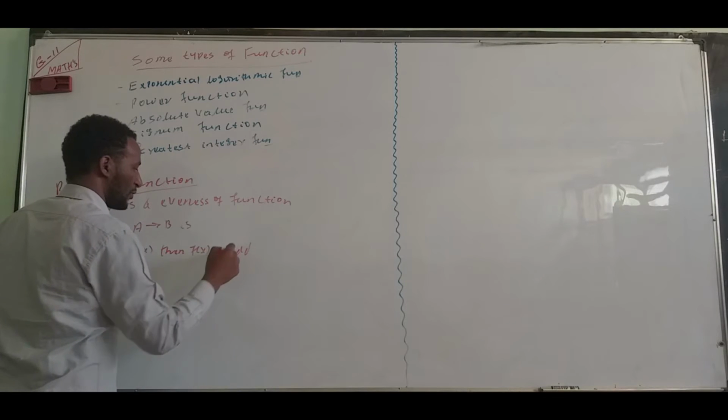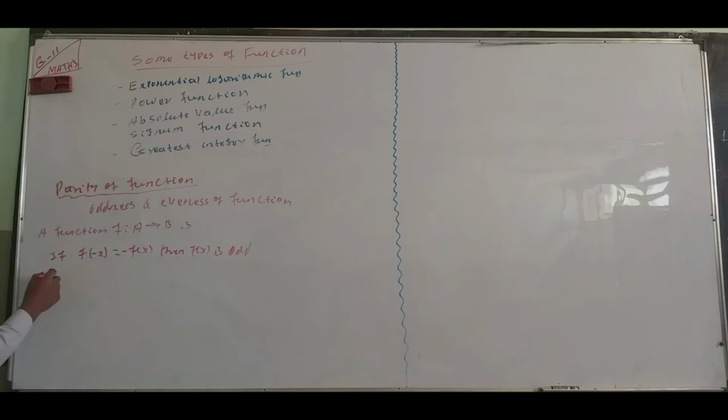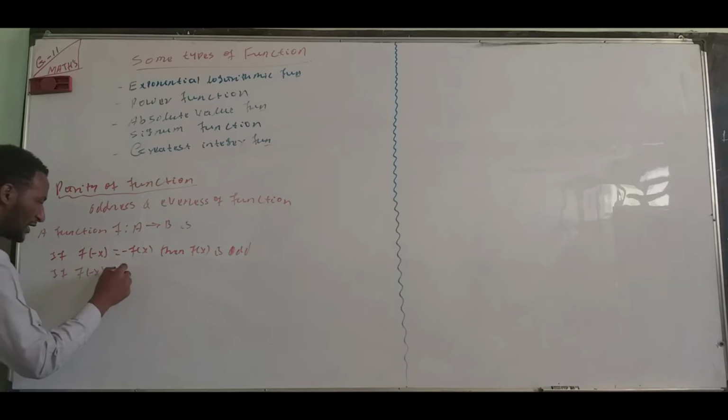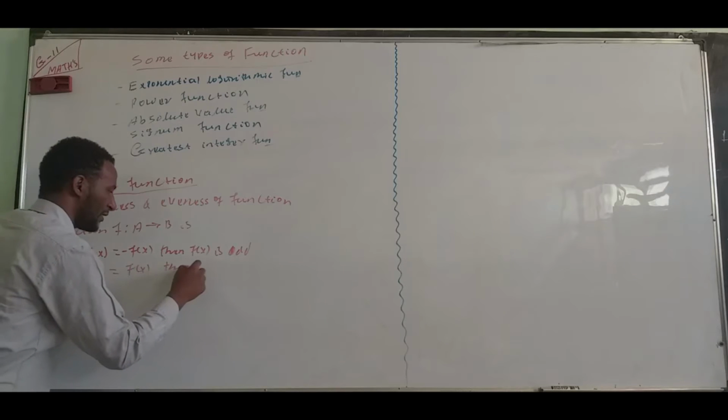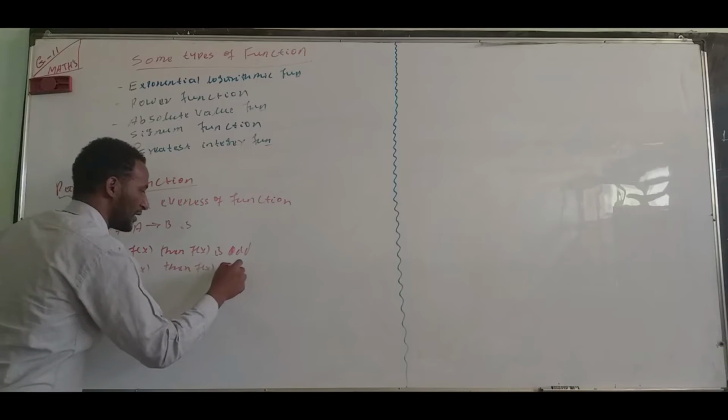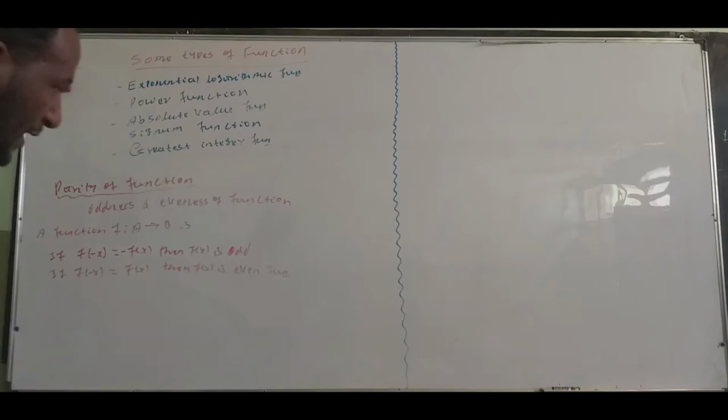And if f of negative x is equal to f of x, then f of x is an even function. Okay, let us see an example.